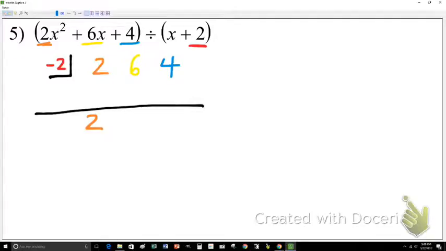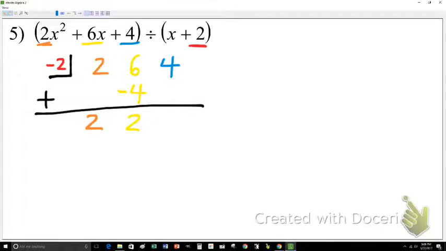So 2 times negative 2, that would be negative 4, and where you place that number that you get is underneath the next number that you have in the top there. So negative 4 goes right underneath there, and then the operation that we do on these is we add them. So we're going to add those two. Add 6 plus a negative 4. That, of course, is positive 2. Okay.